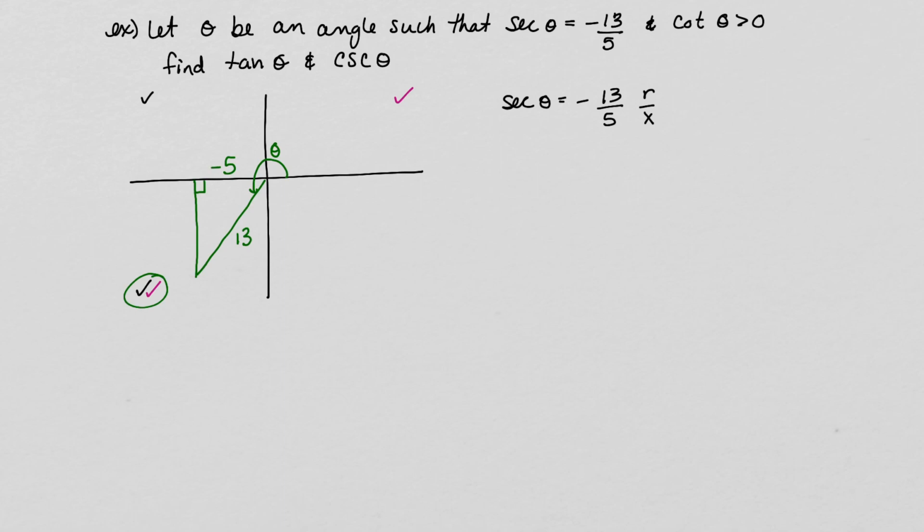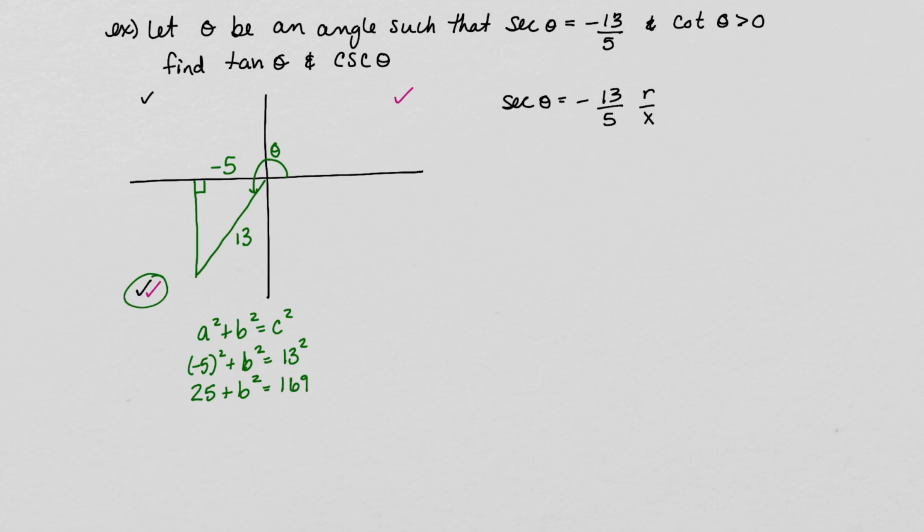And then we have to use the Pythagorean theorem to find that missing side. So the Pythagorean theorem is going to say a squared plus b squared equals c squared. So we're going to have negative 5 squared plus b squared equals 13 squared. So 25 plus b squared equals 169.